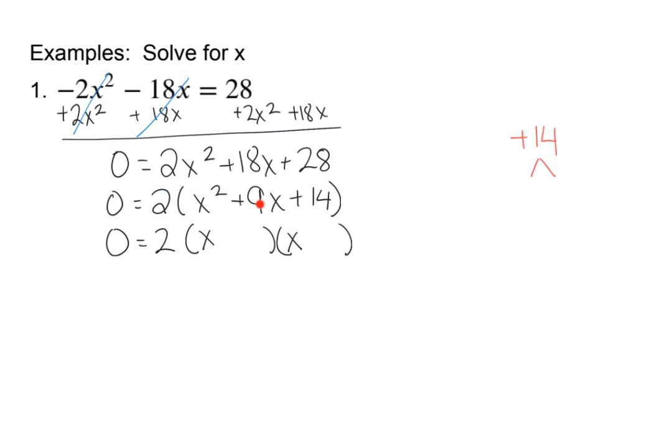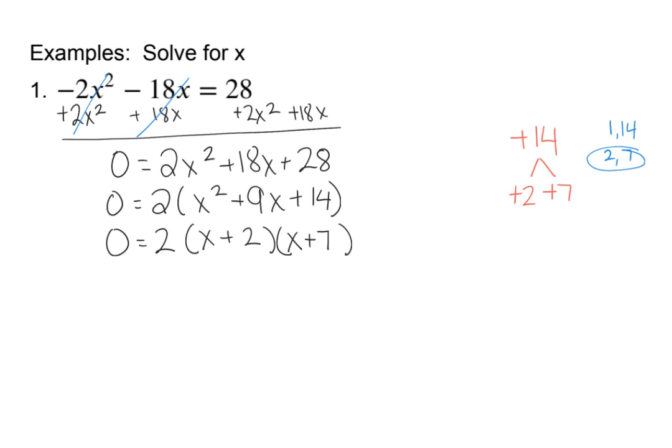This right here, plus 9, that tells me these are both positive. So I'm looking for things that multiply to 14. So that'd be like 1 and 14, and 2 and 7, and that's it. And to get that 9, I'm going to use the 2 and the 7. Since they're both positive, it doesn't matter which one goes where. And we're just going to bring these back over here. Now we've got it all factored.